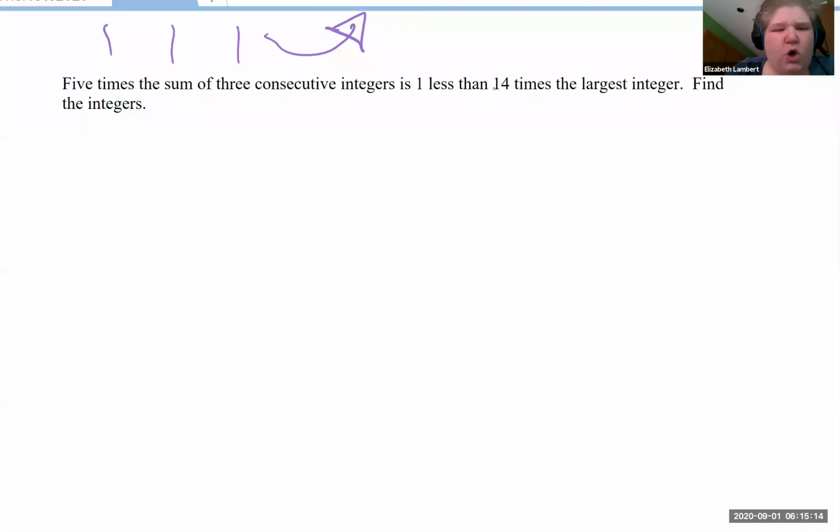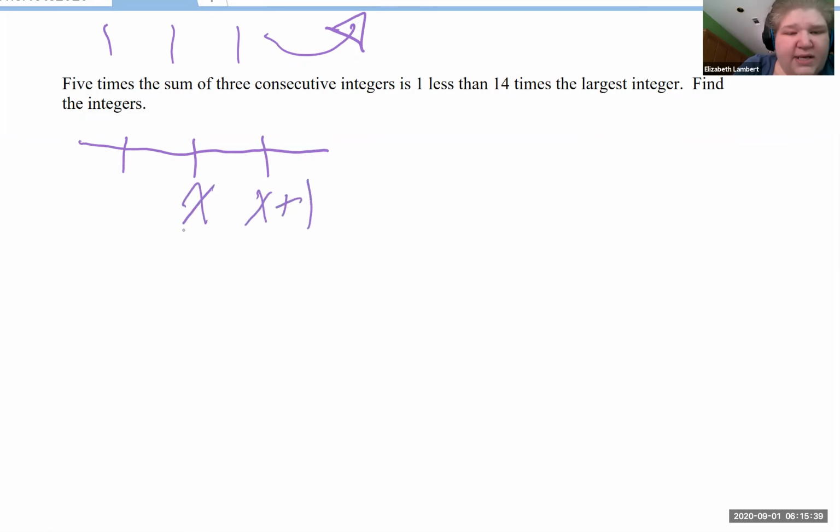So we have to find all 3 integers. These are consecutive, but not consecutive even or odd. So I like to have a little key over here. We could call the bigger one or the smaller one or the middle one. Since we are adding them, I'm going to go with the middle one, but it will work as long as these labels work correctly. It'll work either way.